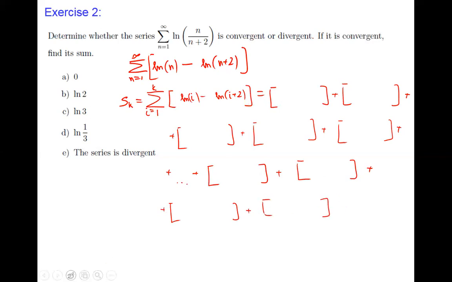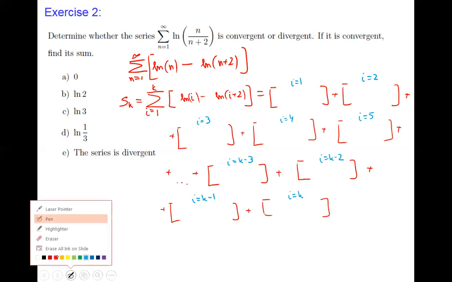My first bracket will be defined for i equals 1, 2, 3, 4, 5, and then let's start from the back side: k, k minus 1, k minus 2, k minus 3, and let's stop.